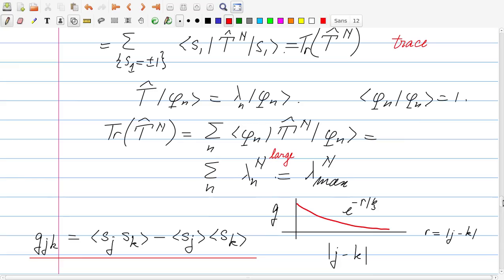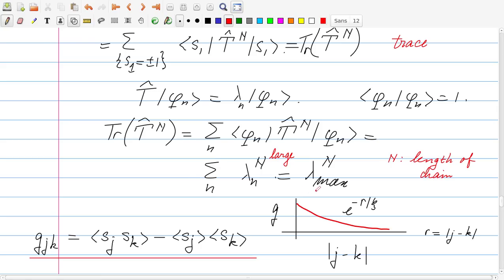So I just take the largest of those two eigenvalues and I raise that to the power N. The N, and I should perhaps remind you of that, it's the length of the chain, and we assume that to be large. So the little n only runs over the dimension of the transfer matrix, which is the same as the number of allowed spin values, and this capital N, that is the length of the chain.